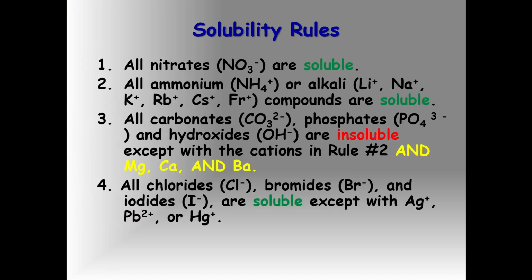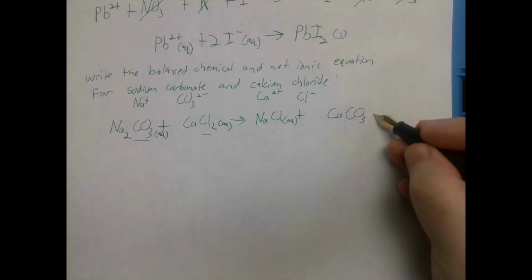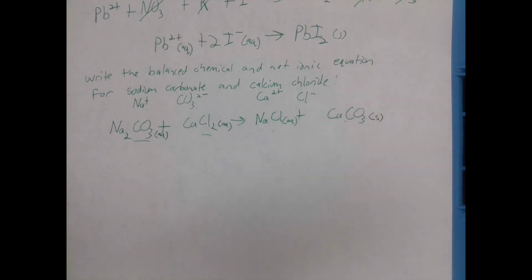So this thing in yellow is wrong. Y'all's paper is correct. This is insoluble, so we make it solid. And I just Googled it. It is practically insoluble in water. So note the PowerPoint is wrong.